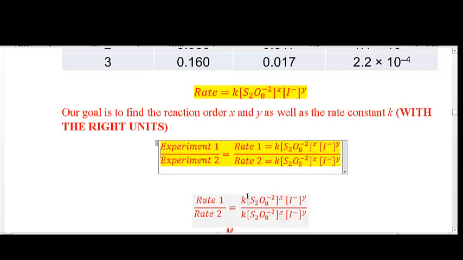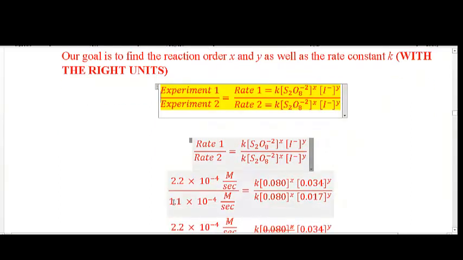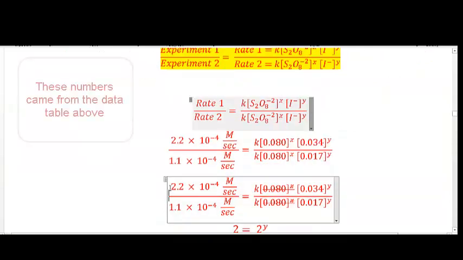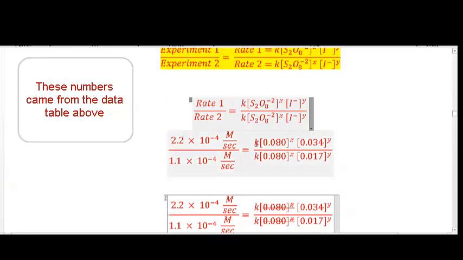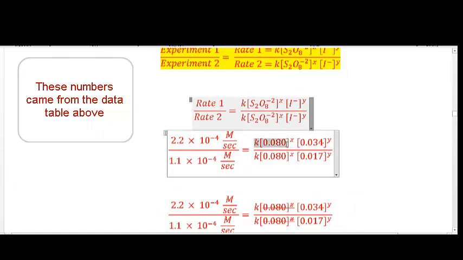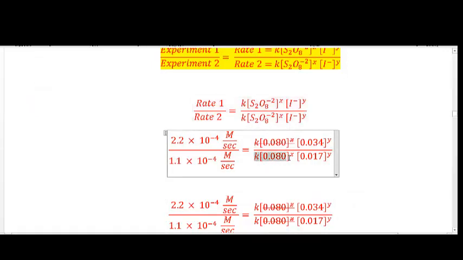So let's plug in these numbers, realizing that the K's cancel, along with this one as well. And then we're left with 0.034 to the power of the order Y divided by 0.017 to the power of the order Y. I plug in these rates for experiment 1 and 2, and I get this.